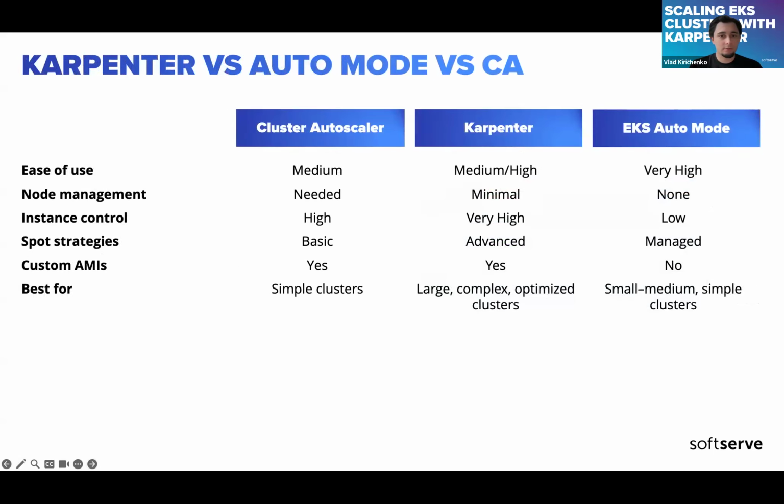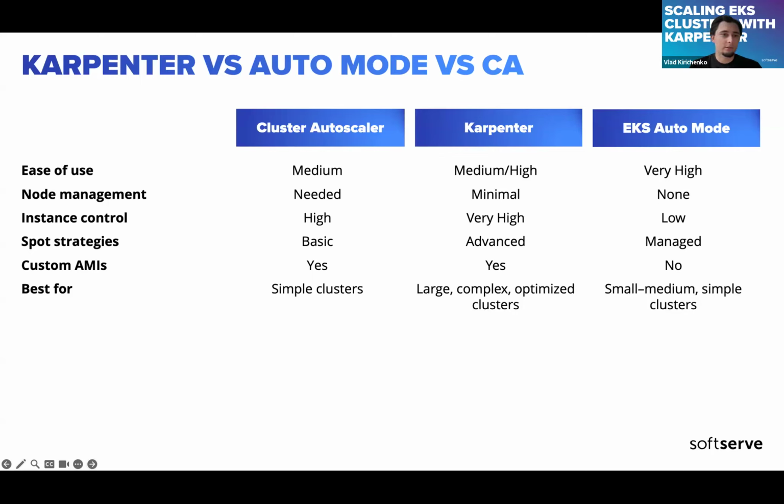Let's compare all of the options that we have. EKS Auto Mode is really easy to use. We can just install the add-on and be ready to run. In Karpenter, we need some configuration, but it's much easier to configure than cluster autoscaler with node configuration.